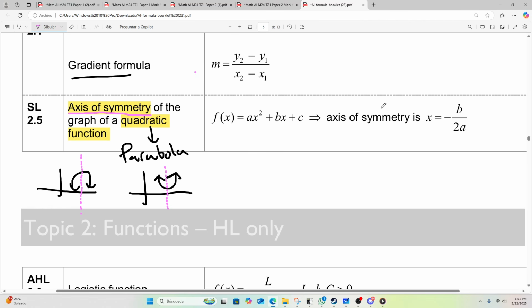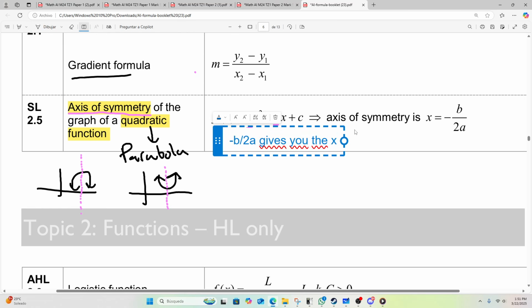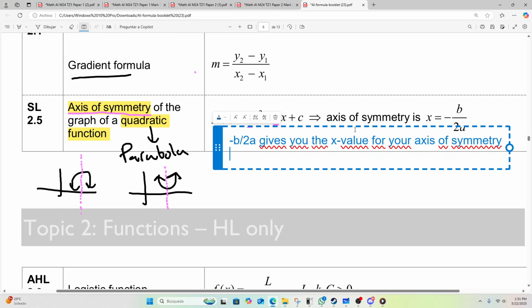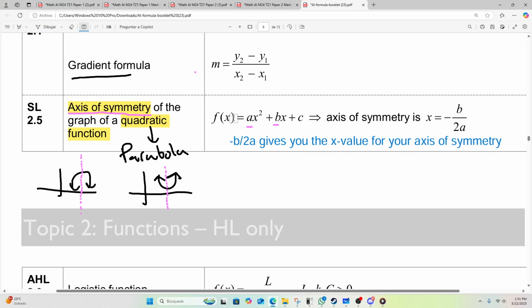How do you find the axis of symmetry? You plug in negative b over 2a. What is b? What is a? This b and that a. Negative b over 2a gives you the x value for your axis of symmetry. And the big brain thing I can share with you here is that this x value that you get from the axis of symmetry will be the same x value as the vertex.